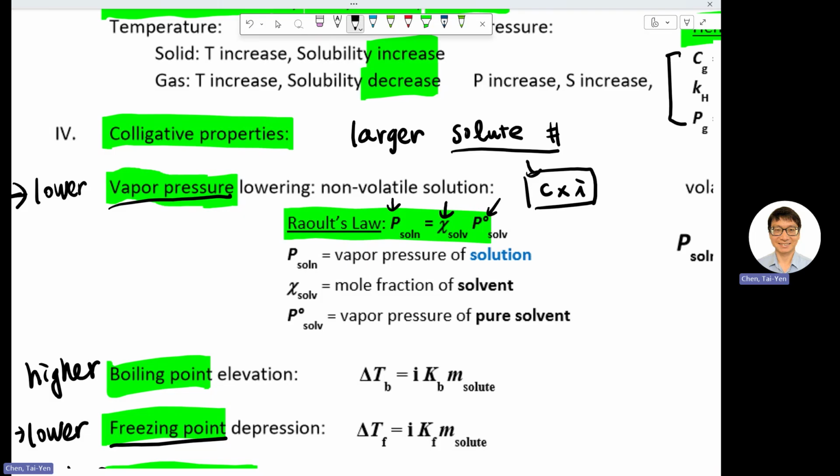So what it means when things freeze is that your water molecules start to align with each other, forming an ordered structure. This is relatively easy if you don't have anyone else. But once you add in solute, what happens? Somebody is going to be wiggling around between those water molecules, right?